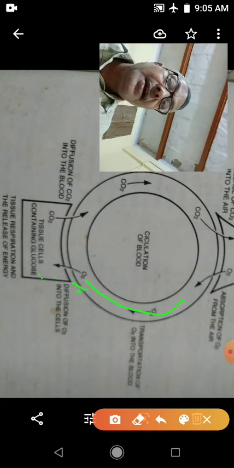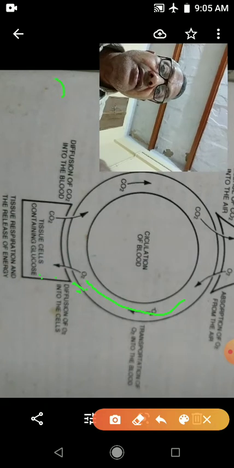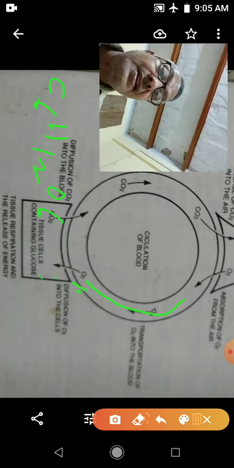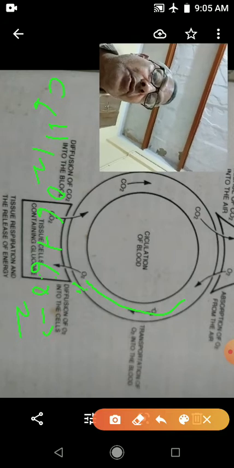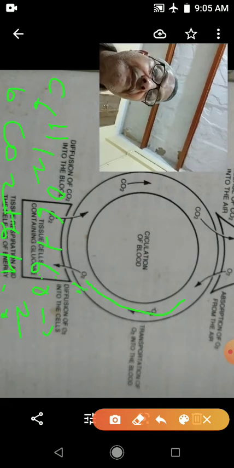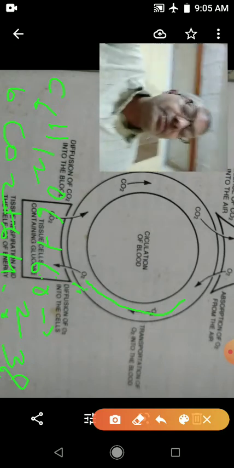So you know oxidation of glucose, there is C6H12O6, it combines with 6 molecules of oxygen, then it will produce 6 carbon dioxide, 6 molecules of water, and 38 ATP energy release. 38 ATP. This energy is used to carry out the life processes.